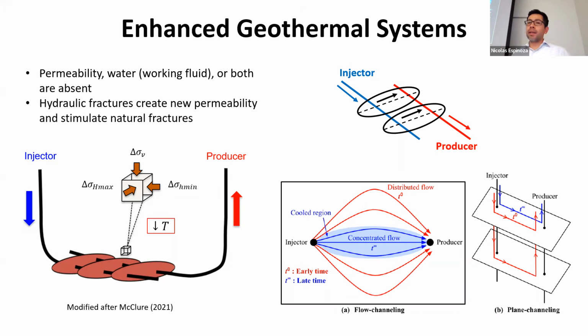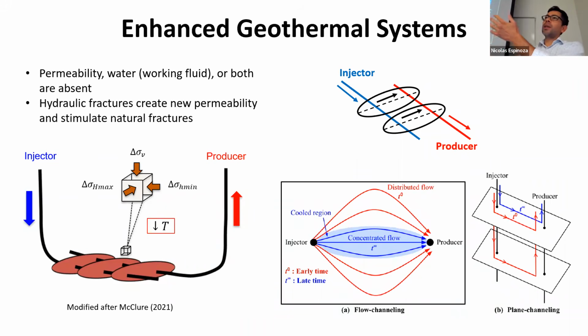And it happens that in this fracture sometimes, imagine that this square now is the fracture, you can go from an initial time in which your streamlines are very nicely distributed along the fracture face, but as the rock starts to cool, of course it will cool a lot more between the injector and the producer. That cooling will open the fracture preferentially, and an open fracture is going to take more fluid.